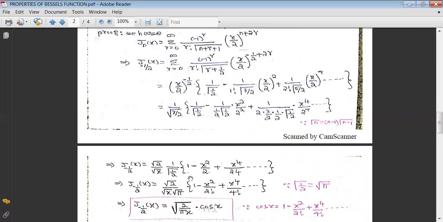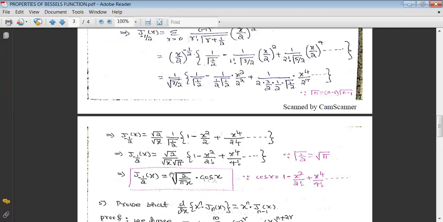Now gamma half is root pi, and this is x minus x squared divided by 2, meaning 2 factorial, 24 meaning 4 factorial, and so on. Combining all these, we can write them under a single root as root of 2 divided by pi x. And again, this is the series expansion of cos x as a power series of x.